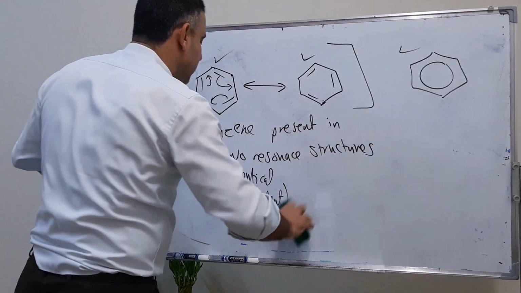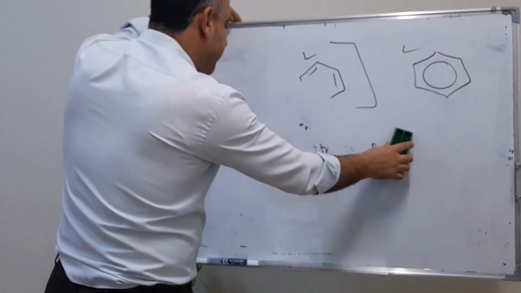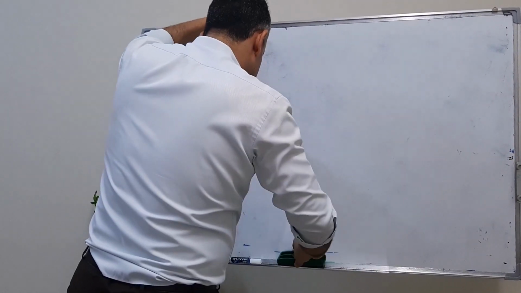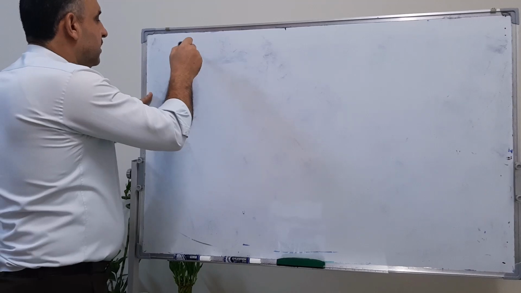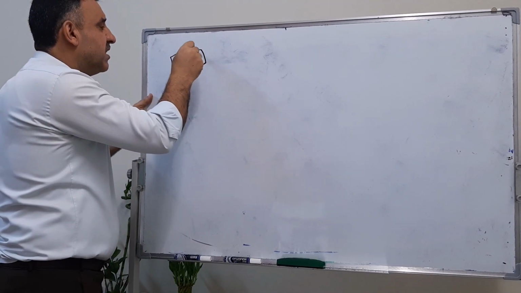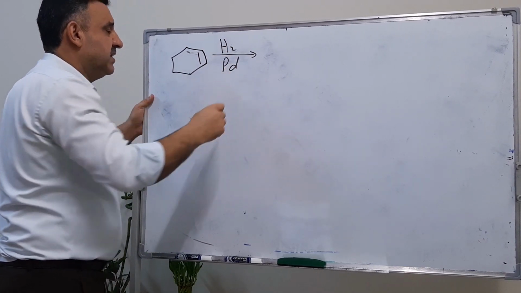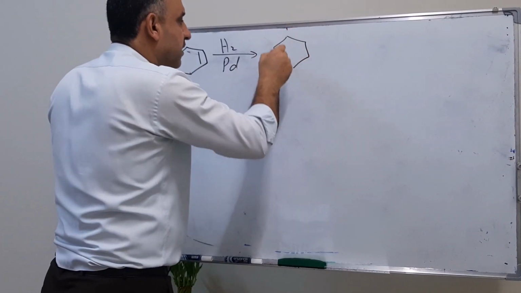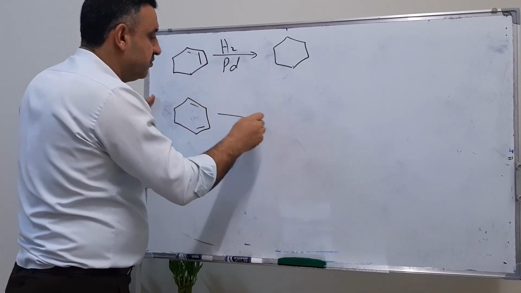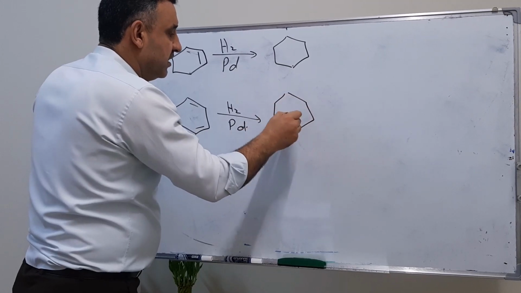As you can see in this slide, we compared the delta H of hydrogenation of three systems. We compared the delta H of hydrogenation of cyclohexene, when we have one double bond inside the system, and we hydrogenate it in the presence of, for example, palladium, we get cyclohexane. And the same thing if we have two double bonds, when we hydrogenate them, we should expect to get cyclohexane.